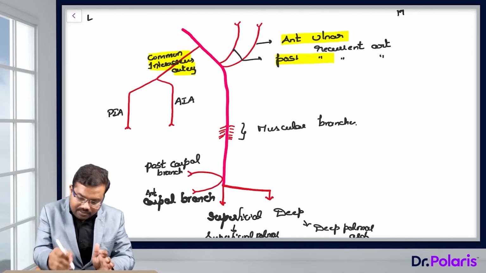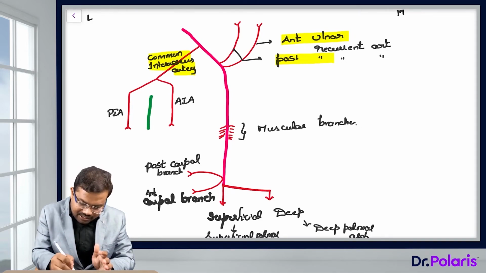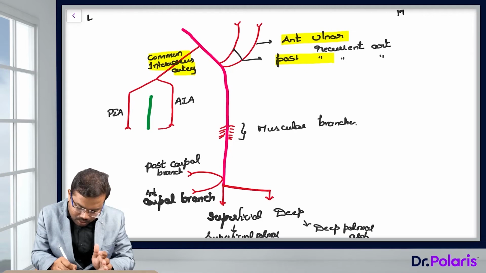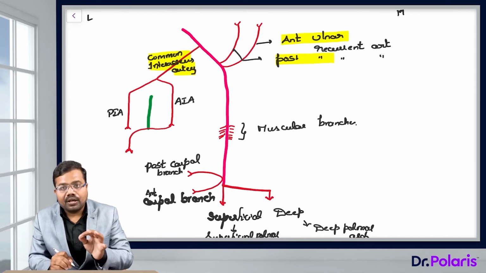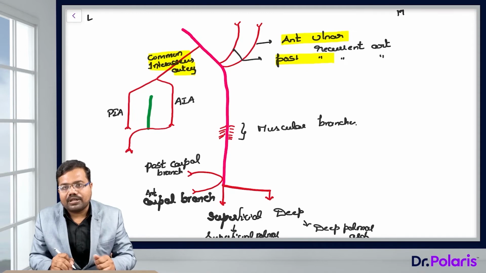Okay, let's imagine this is the interosseous membrane. This anterior interosseous artery pierces the lower part of the interosseous membrane and then comes on the posterior side. Please remember this sequence because the same we will be discussing under the extensor compartment.